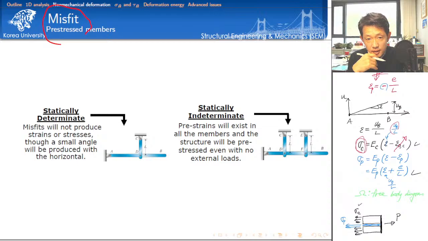Make sure that the tensile strength of concrete is much smaller than the compressive strength of concrete. So by introducing this kind of pre-stressing force to concrete members, we can shift the origin or the reference position of the stress-strain relation of concrete toward the compressive side. Okay? And this is the pre-stressing technology.